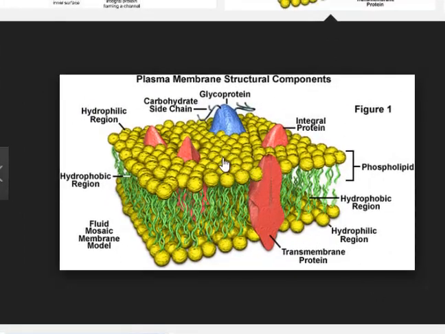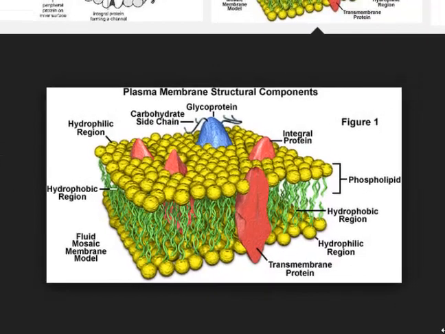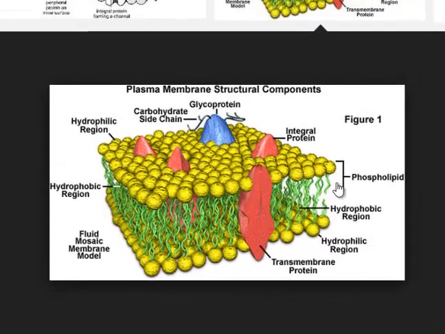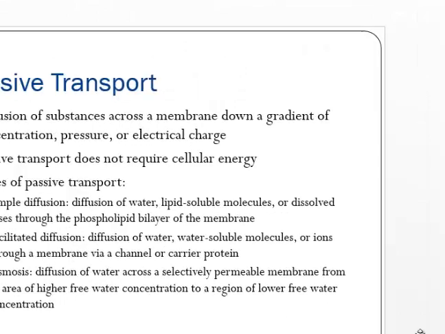As you can see, these fatty materials on the outside of the membrane, if you have water over here, it just kind of squeezes through the little holes and goes inside the cell. Or if you have material that is concentrated, or a material that is dissolved in the water, it can just kind of move through without any help from these big red things that allow certain things in and out.